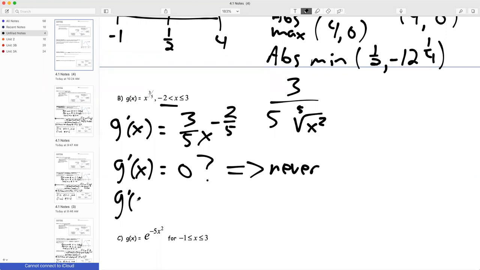G prime of x can be undefined, however. And so I'm going to set the denominator equal to 0 and solve for x. And if you do that, you should get x is equal to 0.